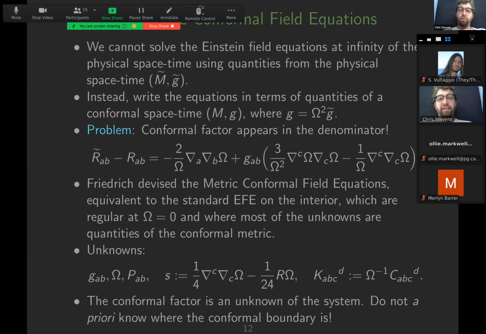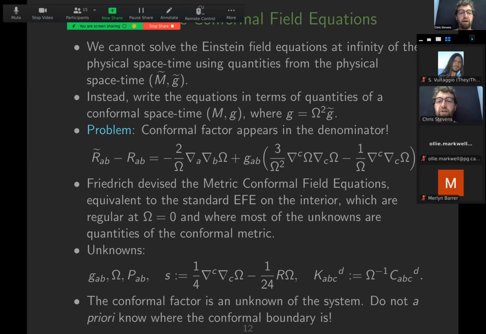You kind of see the problem, right? We're dividing by omega. So the naive notion of just writing everything with respect to the conformal spacetime doesn't work. So what Friedrich did, in a very non-trivial way, was come up with what are called the metric conformal field equations. These are a regular extension of the Einstein equations to the conformal boundary and in fact beyond, to this conformal spacetime.